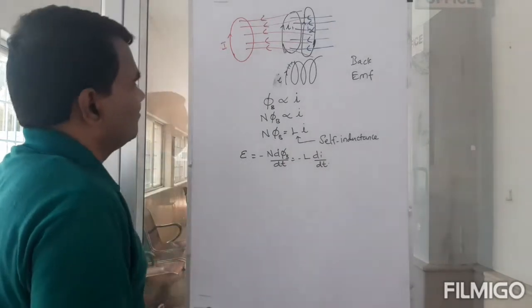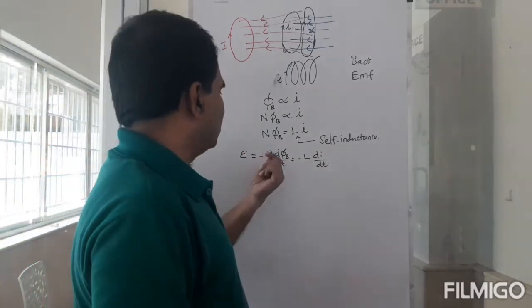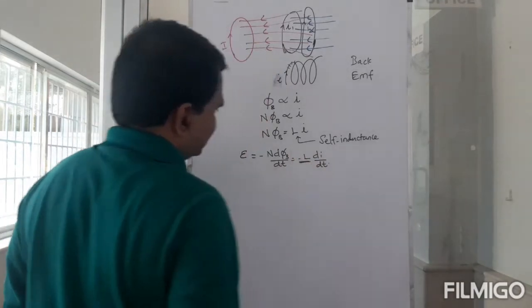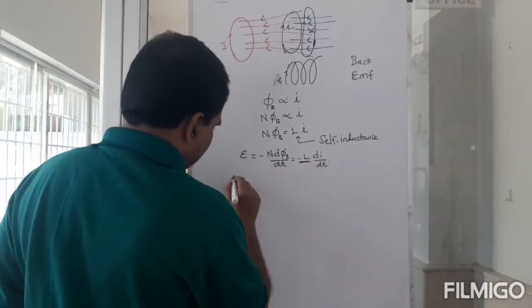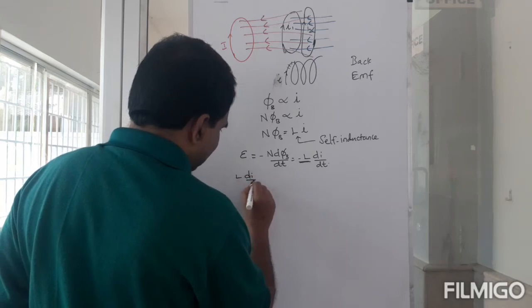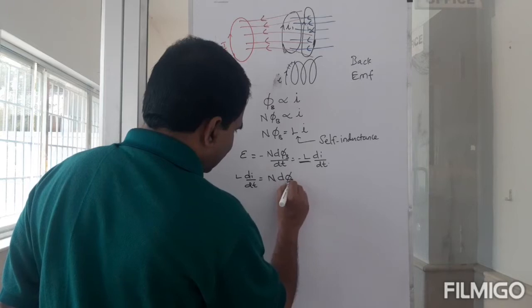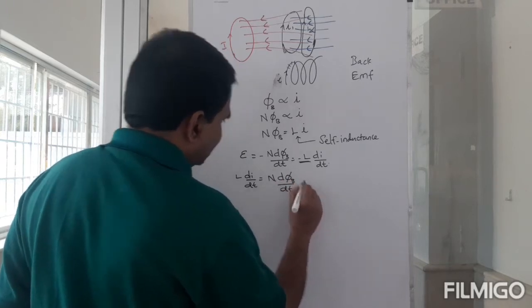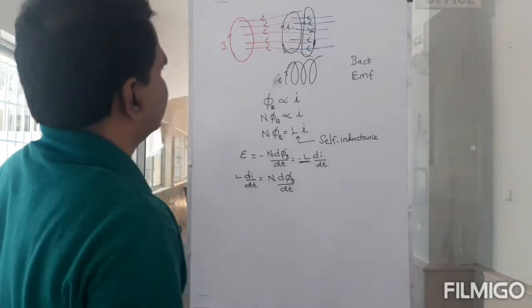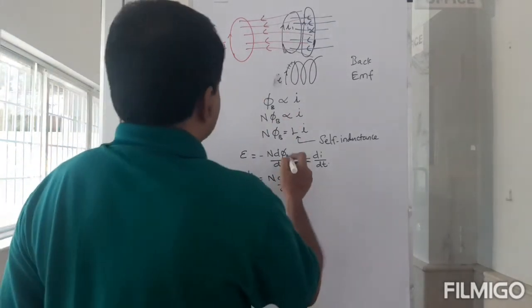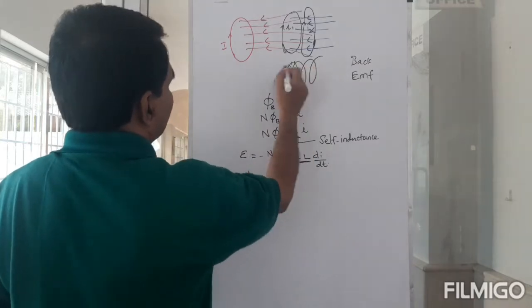Now let's find out the value of L. L di by dt is equal to N d phi B by dt. But what is phi B? Let me come up with this.